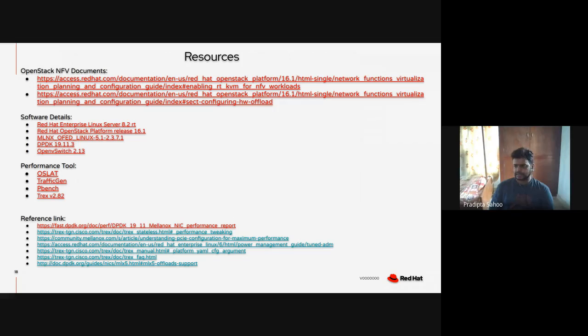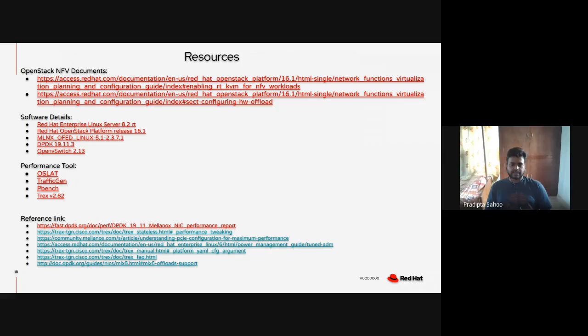I think I have completed my presentation. These are the reference details I would like to share with everyone for configuration. The OpenStack documents can help to configure the real-time compute and OVS hardware offload, along with software details for further troubleshooting inside the real-time compute node and OpenStack platform.